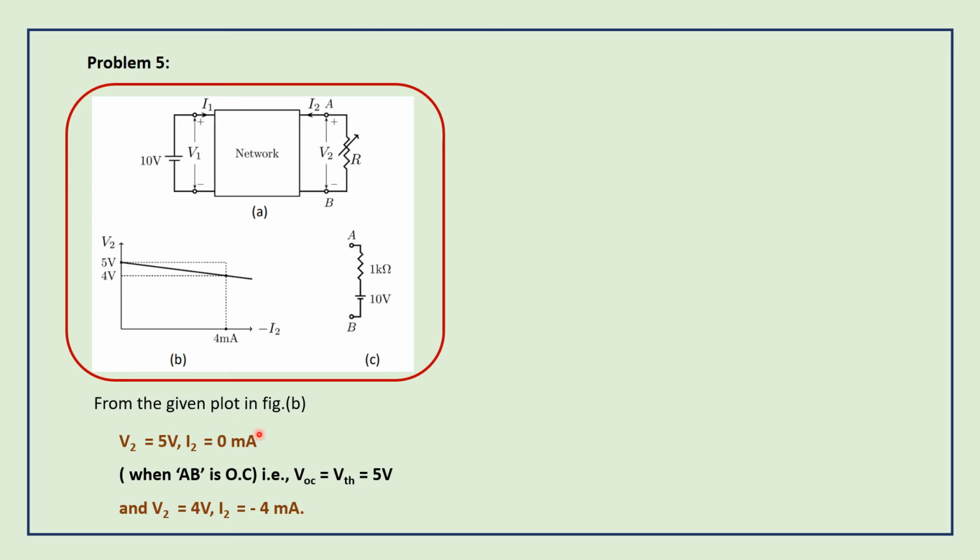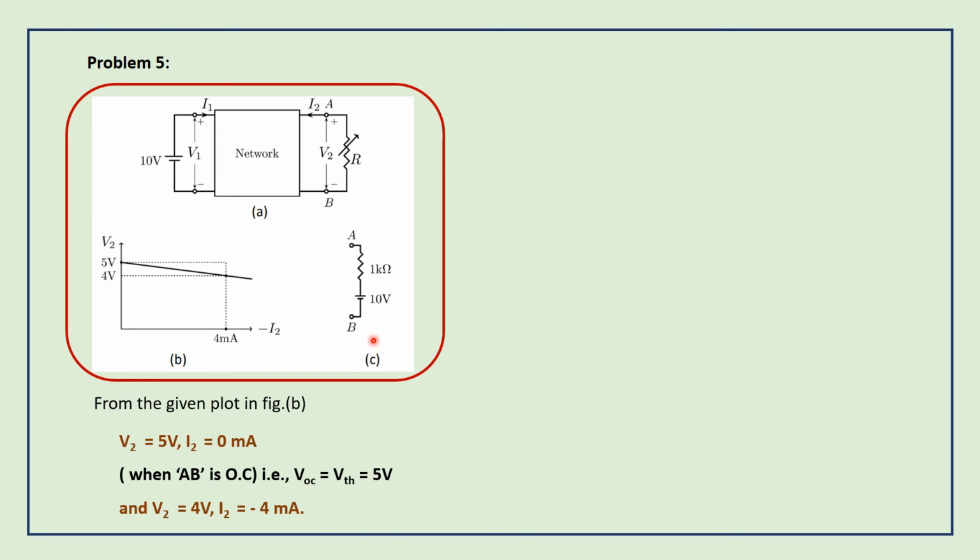I2 equal to 0 means the current at the output port is 0, which means the output port is open circuited. This is the open circuit condition, where the AB terminals are open circuited. This is nothing but the open circuit voltage, which can be represented as Thevenin's voltage equal to 5 volt. So V2 equal to 5 volt is Thevenin's voltage.